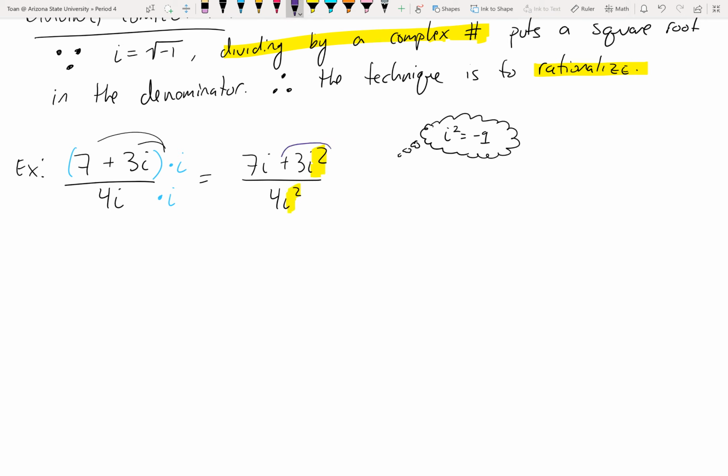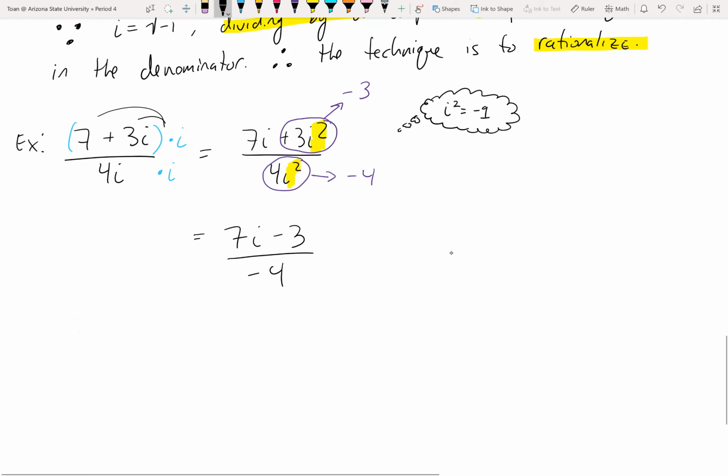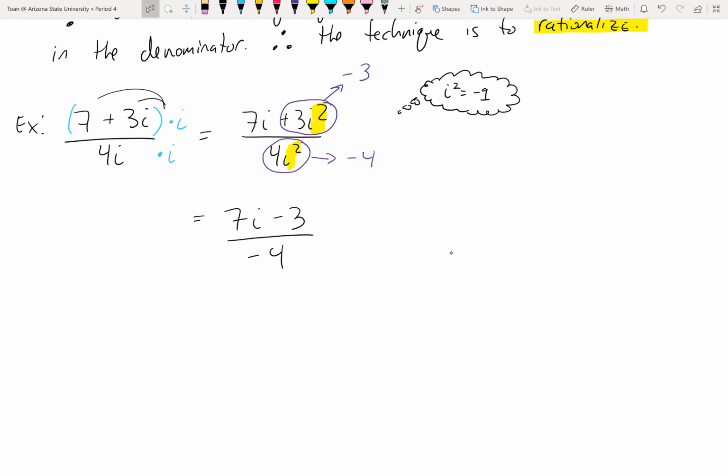Everyone agree that this becomes a minus 3? And i squared becomes a negative 1, so that becomes a minus 4. So we get 7i minus 3 over negative 4. Okay. So far, so good?